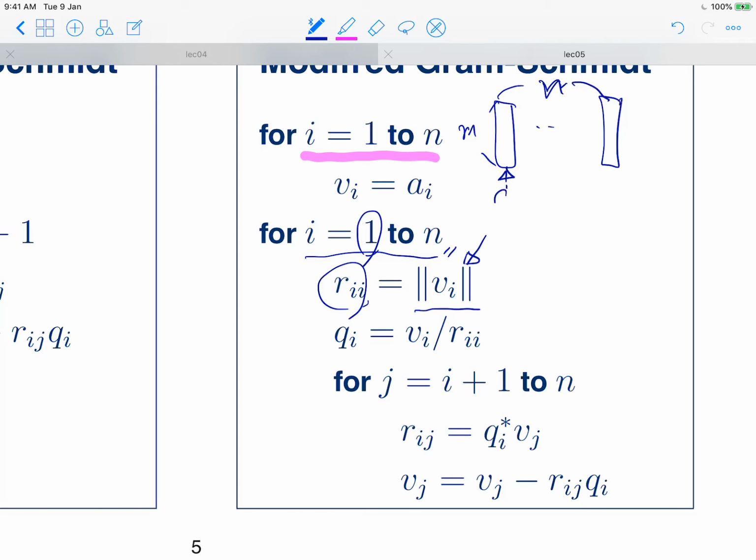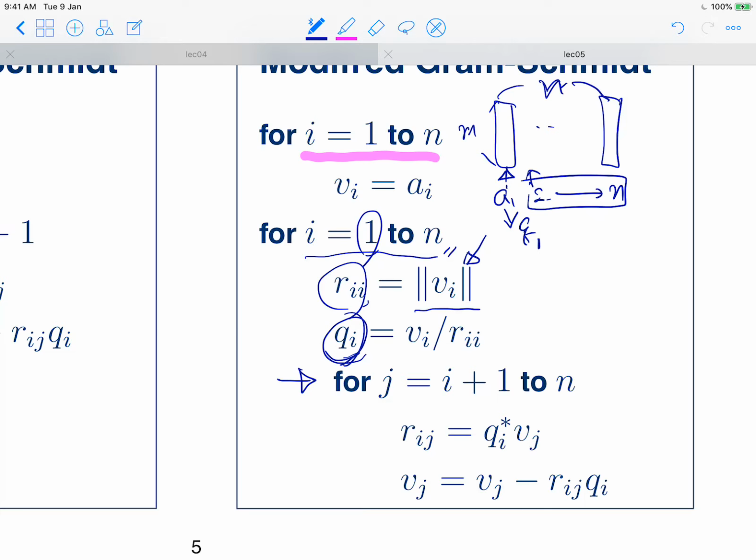Given this vector A1, we first normalize it, right? And then we obtain the normalized vector q1. Once we obtain q1 from a1, this part is iterating through the next one all the way through the end, right?